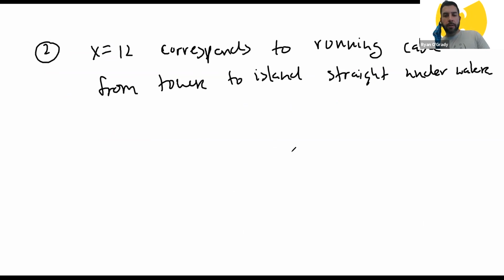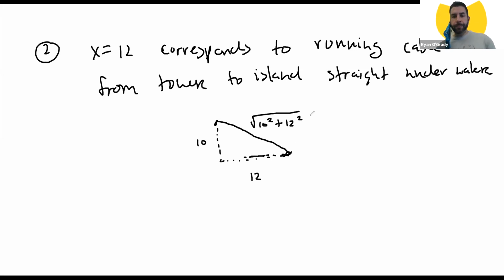So if we draw that schematic, here's our right triangle. That's pretty bad. And I'm going to use the dotted line to suggest that there's not cable there. So this is 10, this is 12, and so this line, by the Pythagorean theorem, is the square root of 10 squared plus 12 squared.